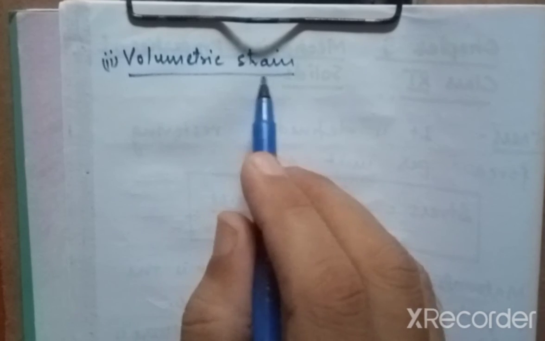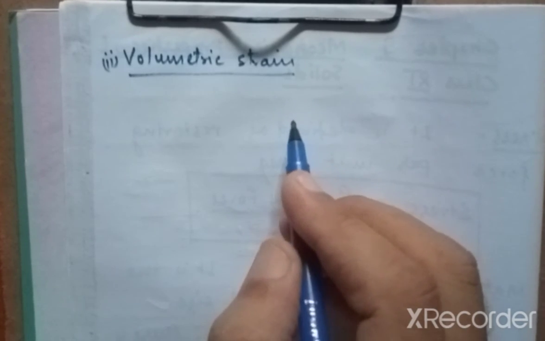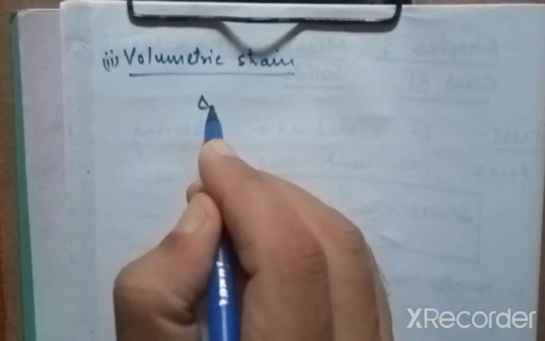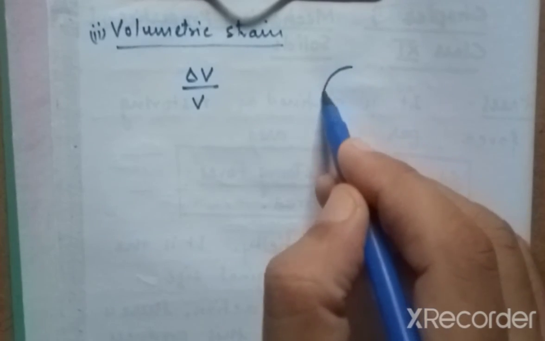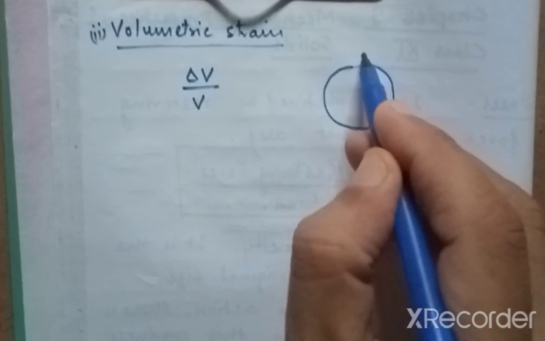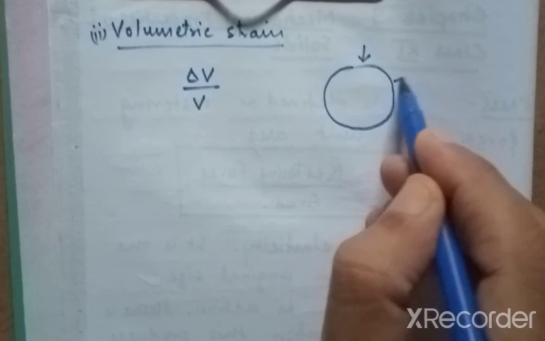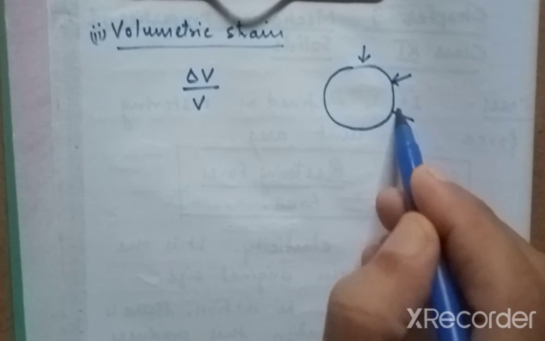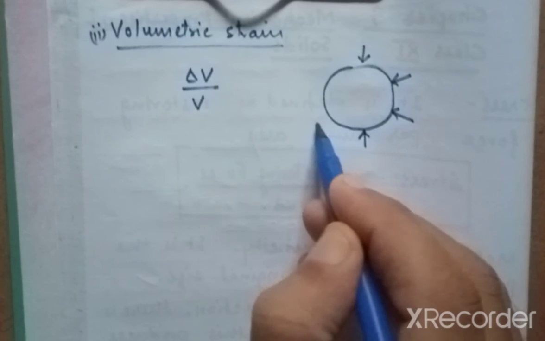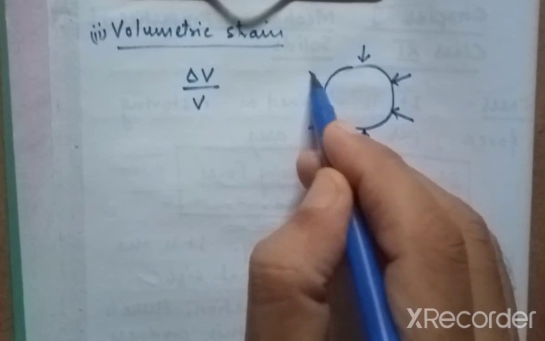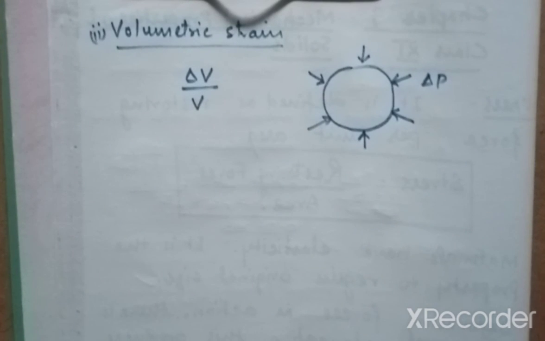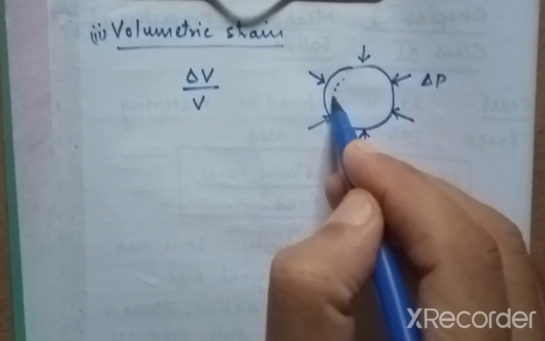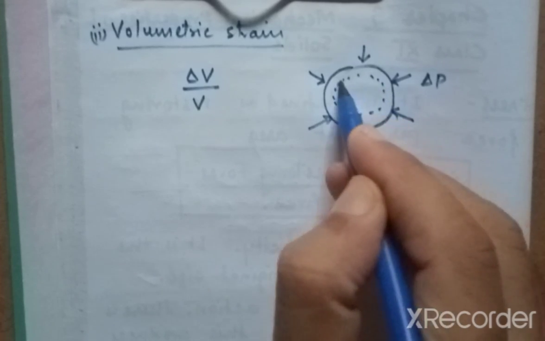The second type of strain is volumetric strain. It is defined as the change in volume per unit volume. A very good diagram is again given in the NCERT for any object which is spherical in shape, and from all sides normally some force is applied, so it makes a pressure P, due to which there is a decrease in the volume.